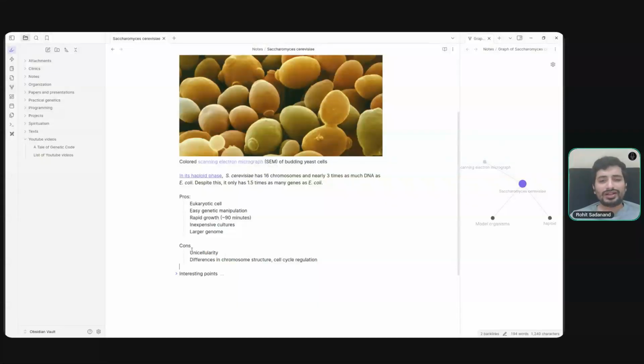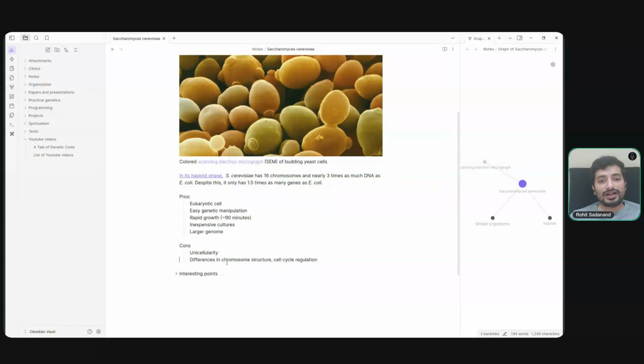So I would not call it a strict con because you would not select this for studying how a multicellular organism works, but especially with respect to multicellularity, right? But even so, just for the sake of it, we can call it a con here probably.